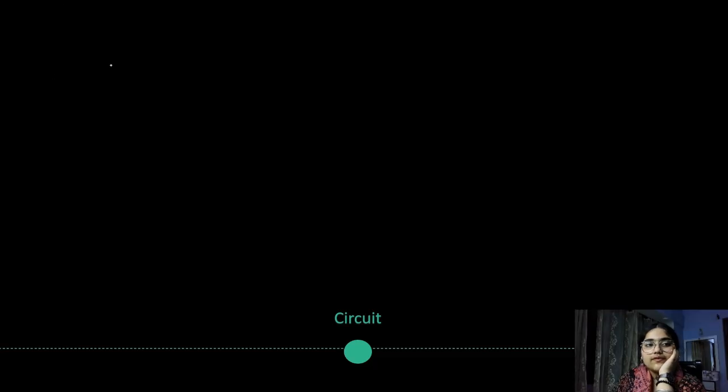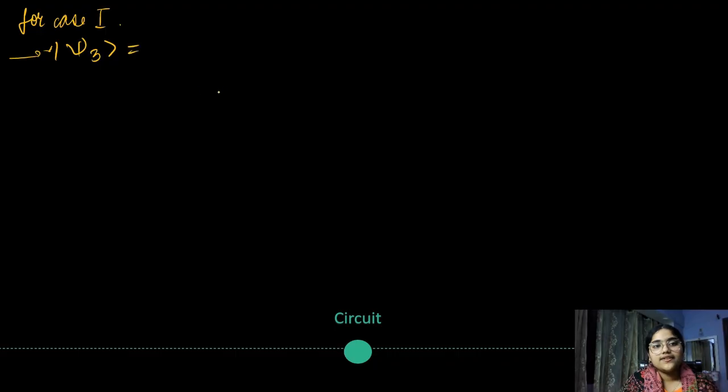So for case 1, we get psi 4. Okay, not psi 4, psi 3. Yes. So for case 1, the value of psi 3 is gate plus into gate minus.